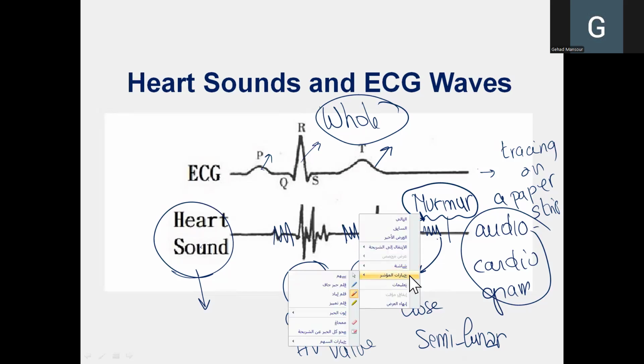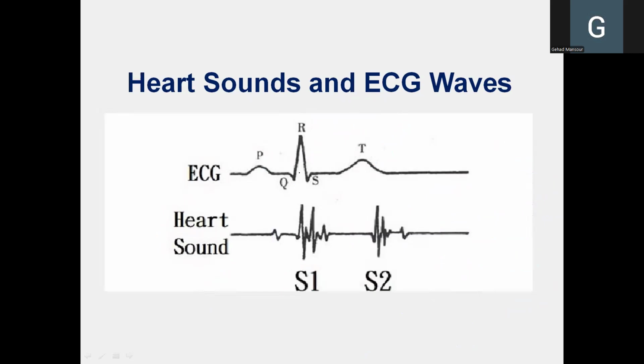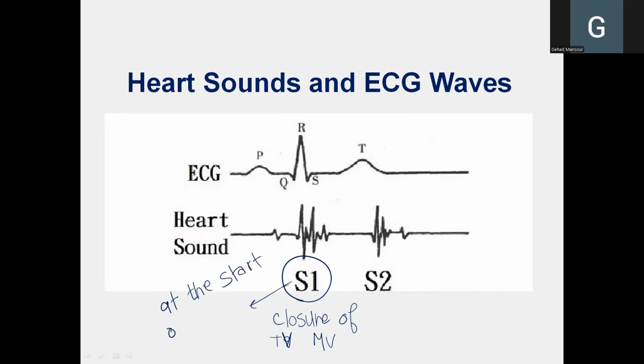And now we come to the synchronization. How are they really synchronized or not? You can see here that S1 occurs with closure of the atrioventricular valves, the tricuspid and the mitral valve. When does this occur? It occurs at the beginning of ventricular systole, when the ventricles start contraction.